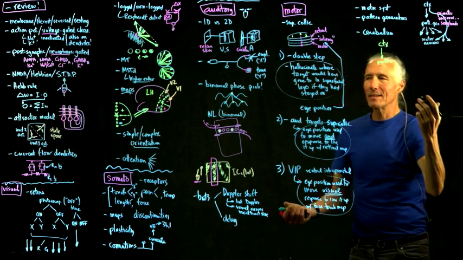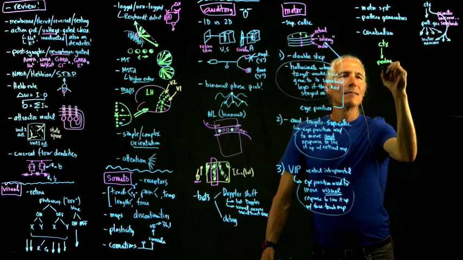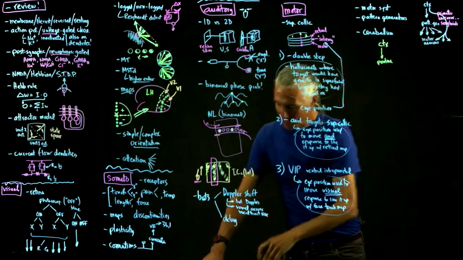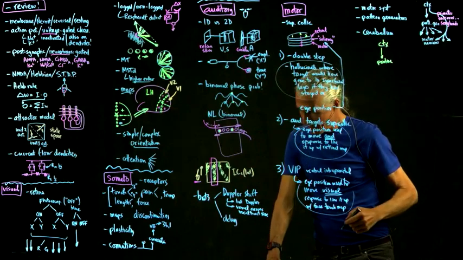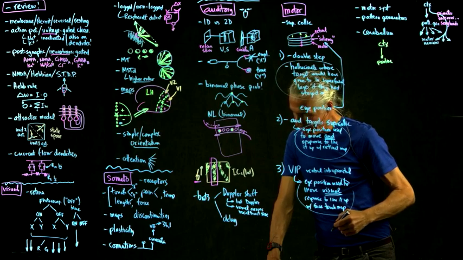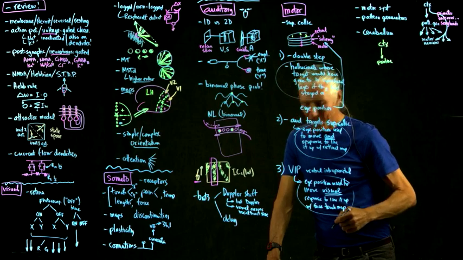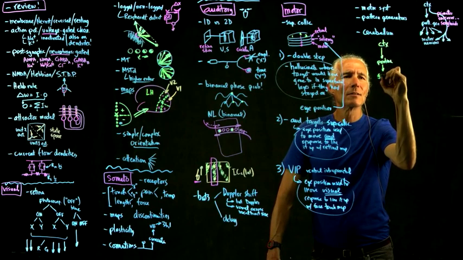So say MST, for instance, projects to the pontine nuclei, and then that will go into the cerebellum. So this will go to the granule cells.